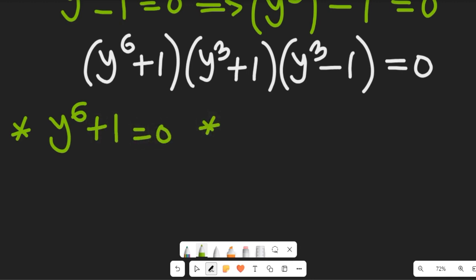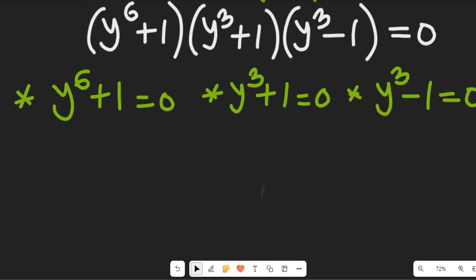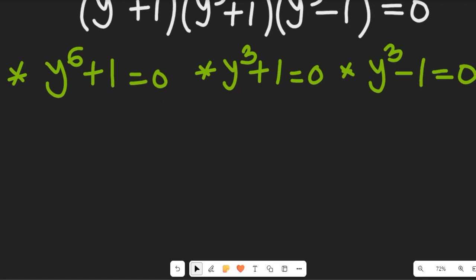We can also have y to the power of 3 plus 1 equal to 0. And we can also have y to the power of 3 minus 1 equal to 0. So we can simplify each separate part of that equation in order to find the various values, both real and imaginary, of y.